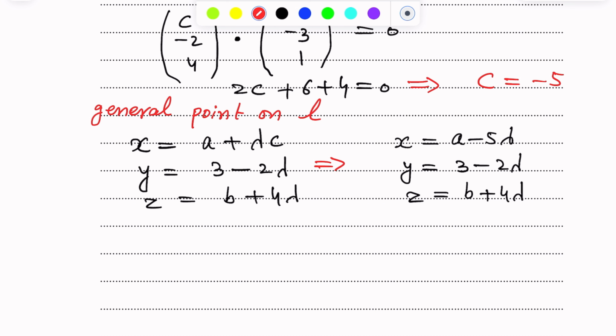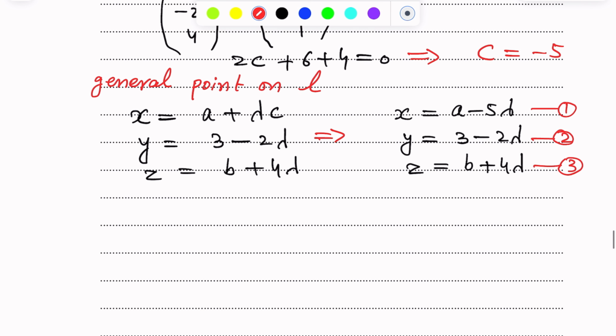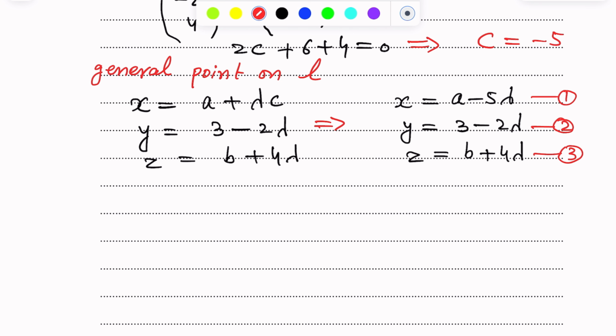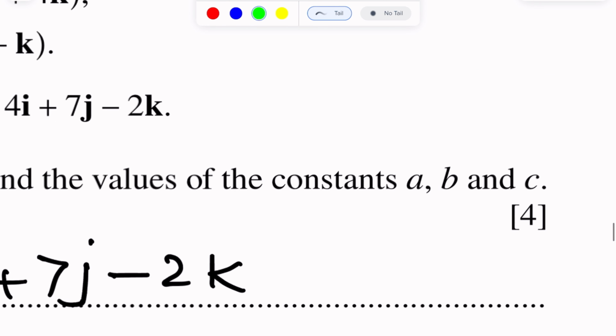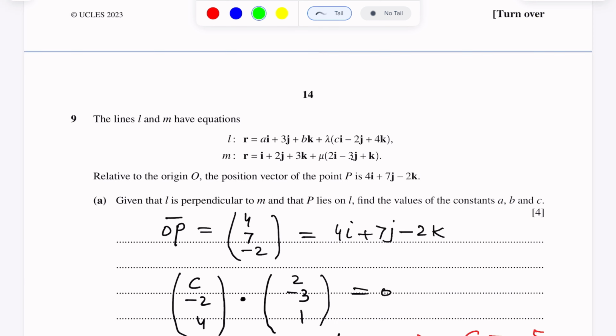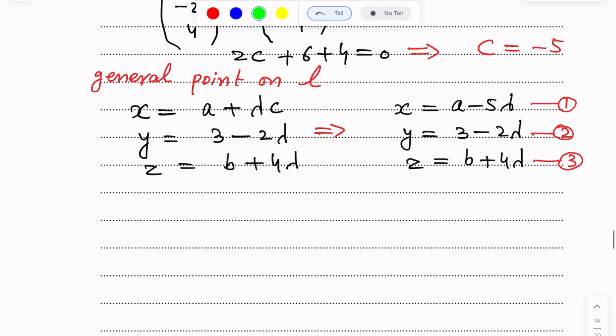Let this be equation 1, this equation 2, this equation 3 for reference. Now actually we have to find the values of constants a, b, c. From these three equations, we will find the values of a, b, and c.